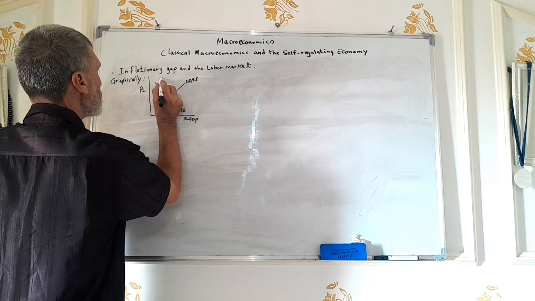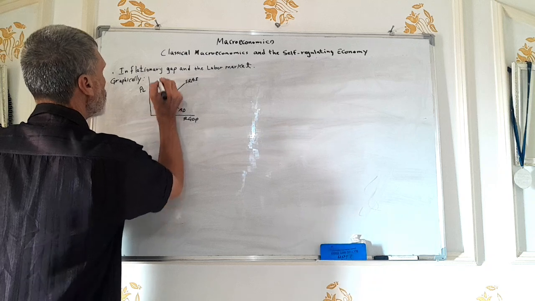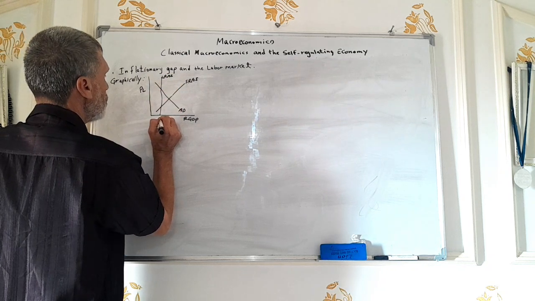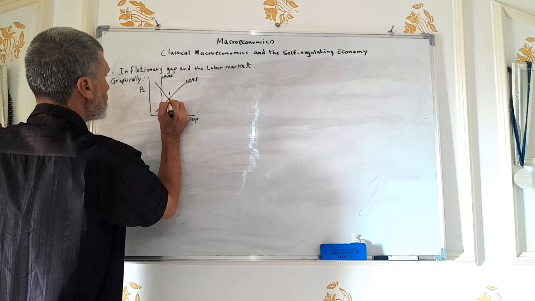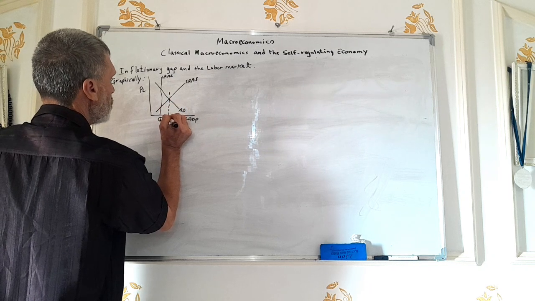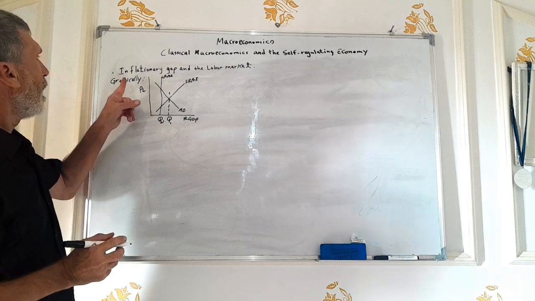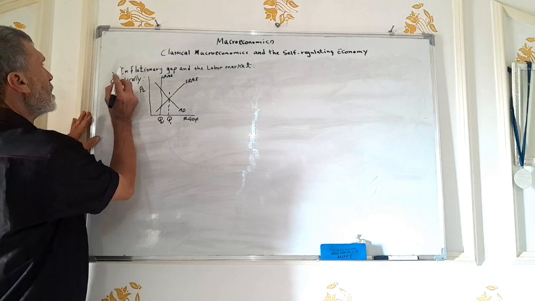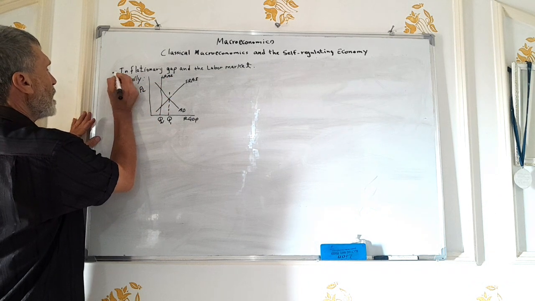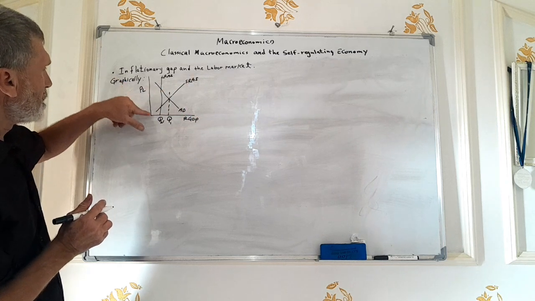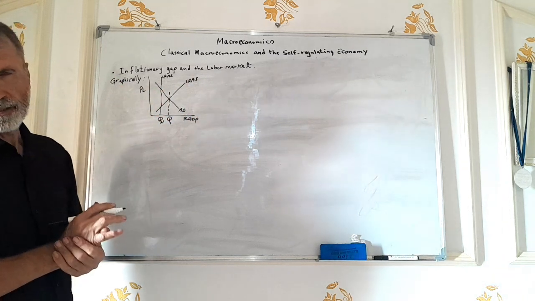And this is the long-run aggregate supply. This is Qn, and this is Q1. As you can see, this is an inflationary gap. This is the second case, an inflationary gap and the labor market. This is the graph of this state.